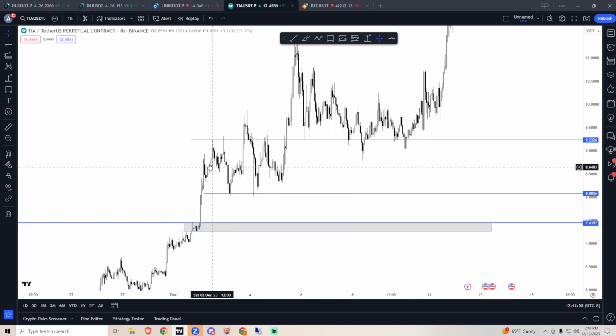Okay, so range highs, range lows, right, and then your mid range.